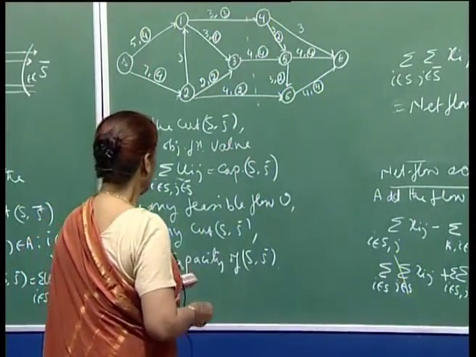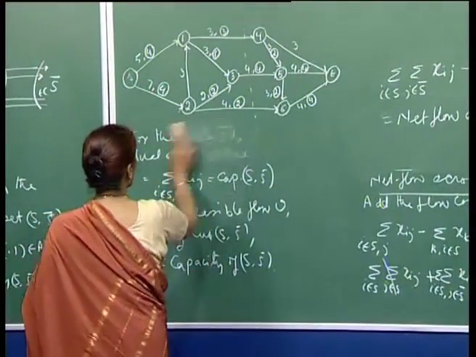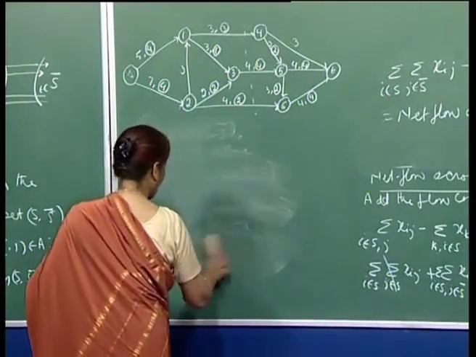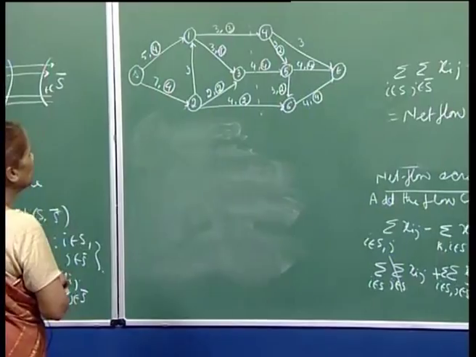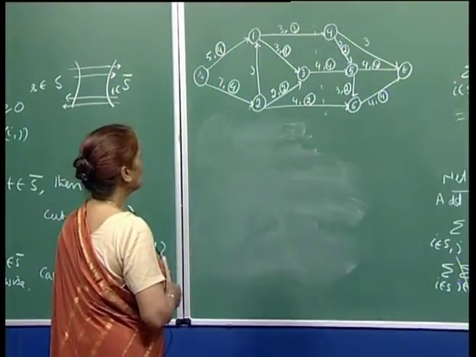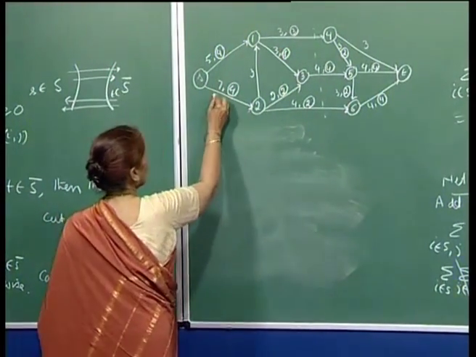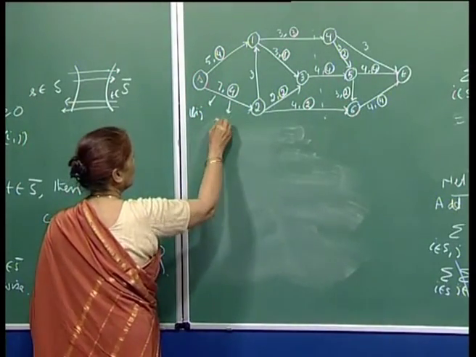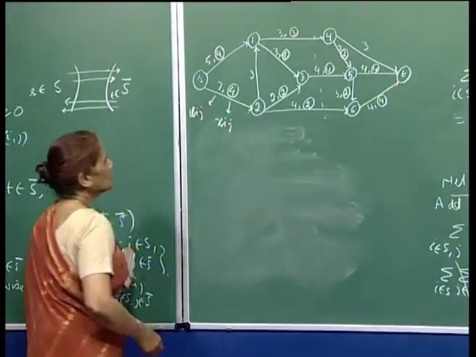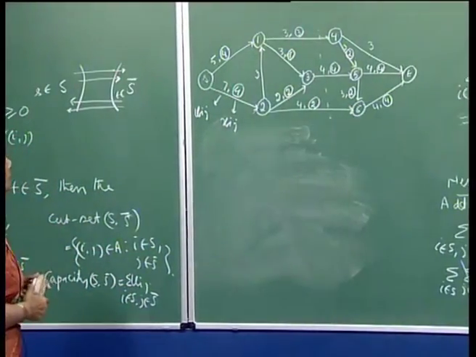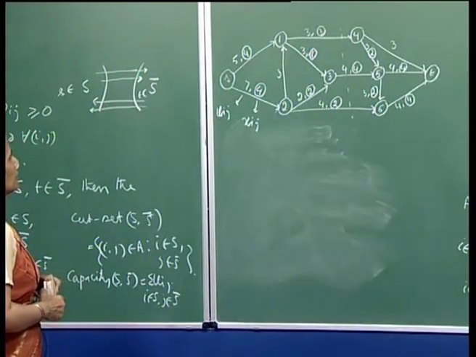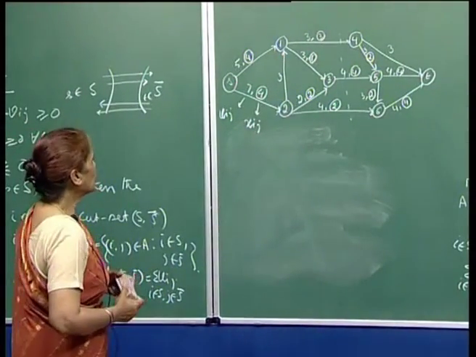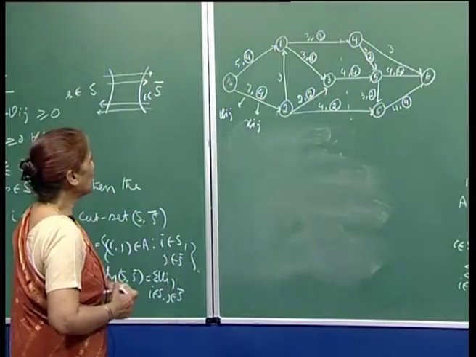So maybe we can take up an example here. Take any cut, and let me come to this example. Here the first number is the capacity, and the second is the flow. I have shown you a network with the arc capacities and the flow on it.